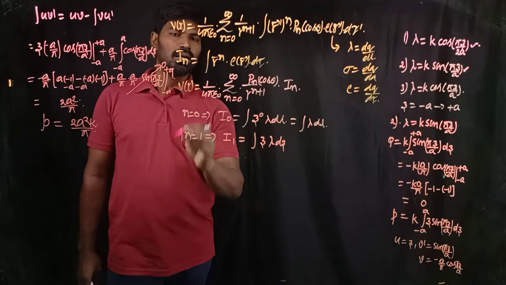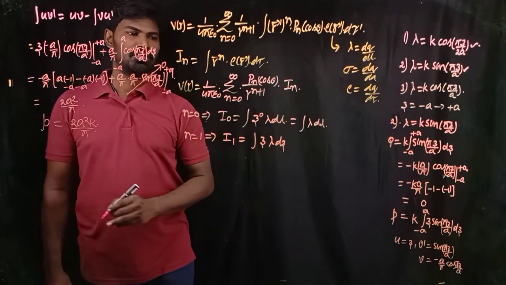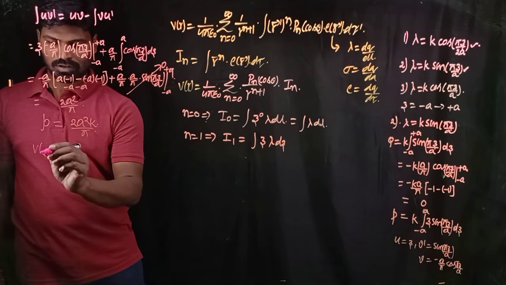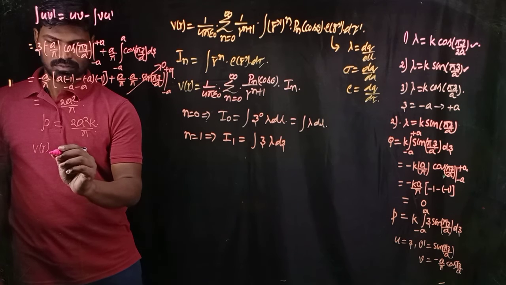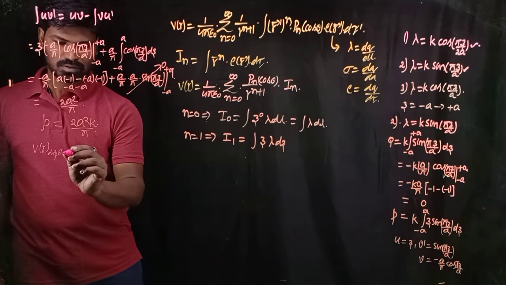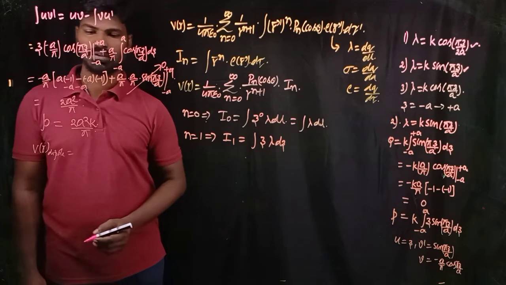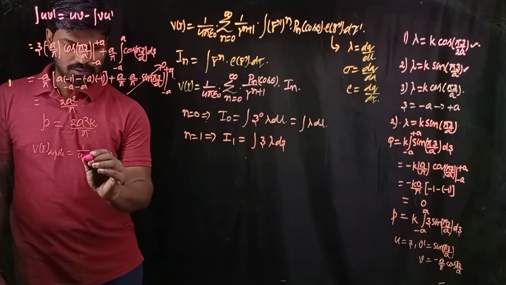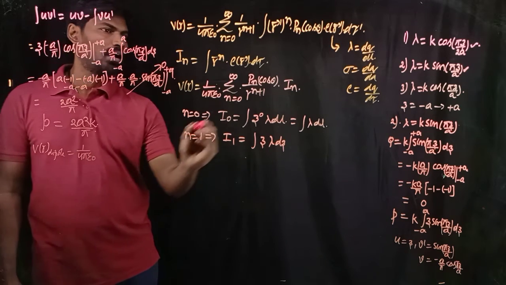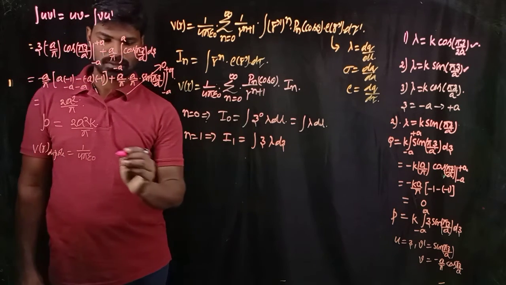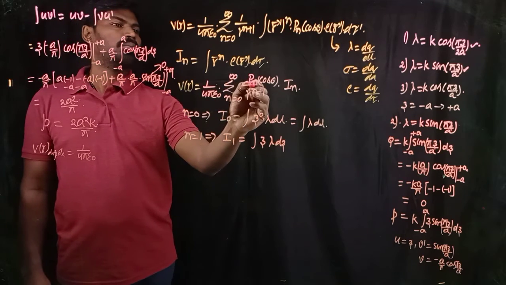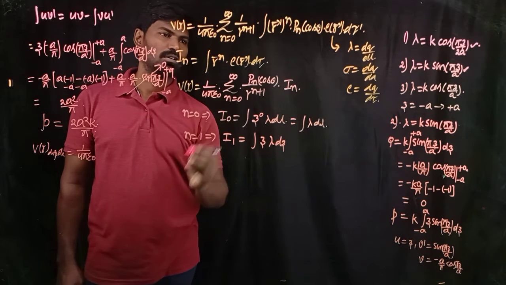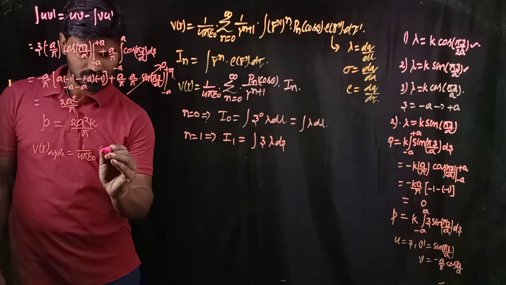Now, by using this, I am going to write down the expression for the potential due to the dipole. Therefore, V as a function of r for the dipole contribution, here the monopole contribution is 0, is given by 1 by 4 pi epsilon naught into P1 of cos theta, because n is equal to 1. P1 of cos theta is cos theta only.